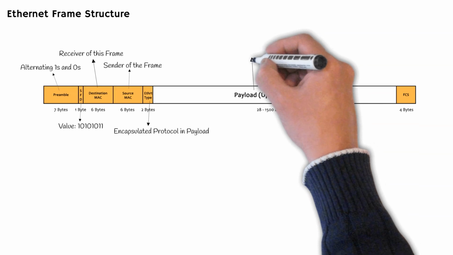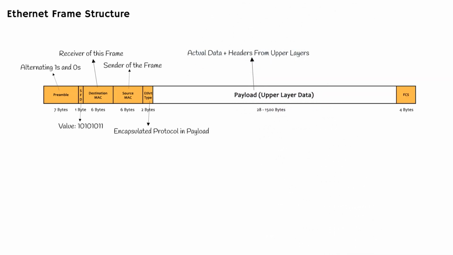The payload or data field contains the actual data being transmitted, along with the headers from the upper layers. It can carry various types of data, depending on the ether type specified earlier. It could be files transferred via FTP, web page packets transmitted via HTTP or HTTPS, or emails, VoIP data, or video streams via IPv4.